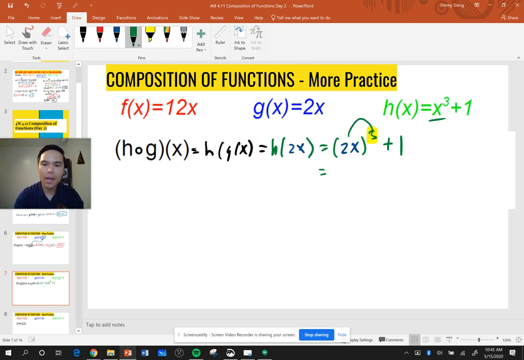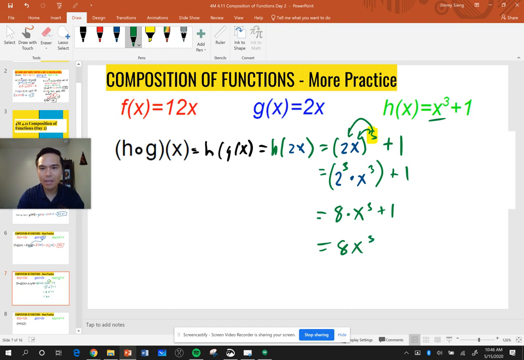So really what's going on here is I have 2 to the third power multiplying x to the third power, all right? So I can see that 2 to the third power is 8 times x to the third power. I don't know what x is, okay? Plus 1, which we can just say is 8x to the third power plus 1.